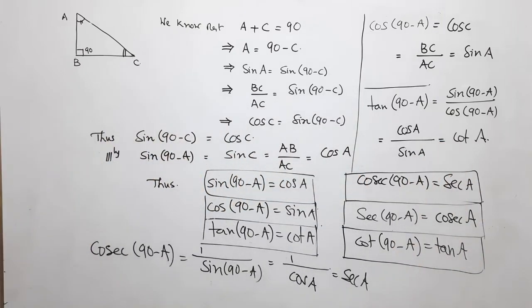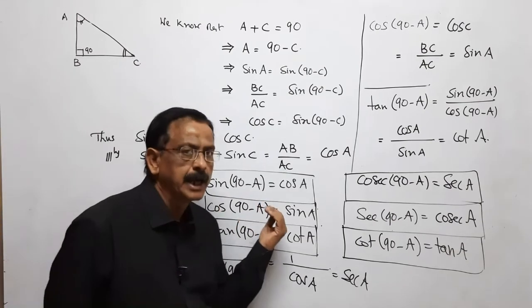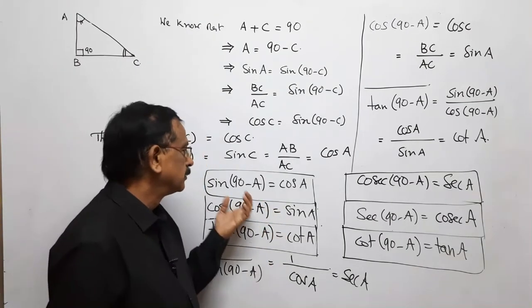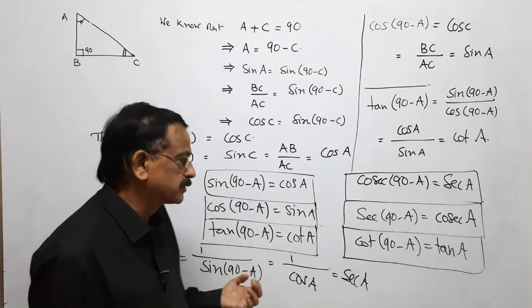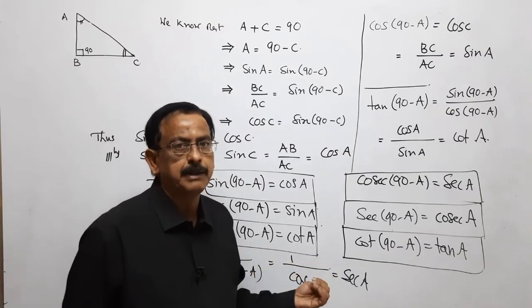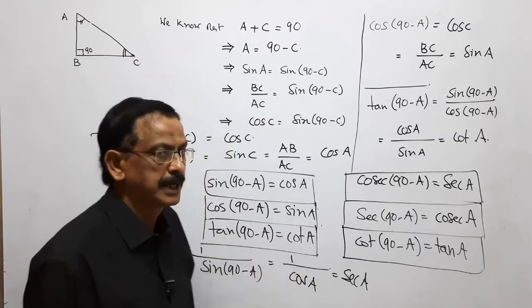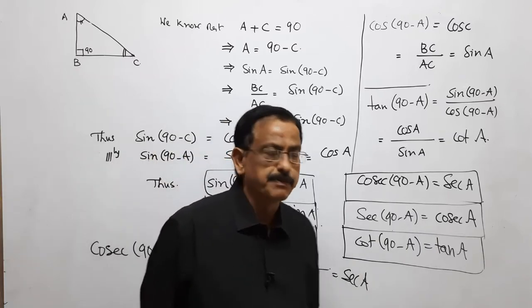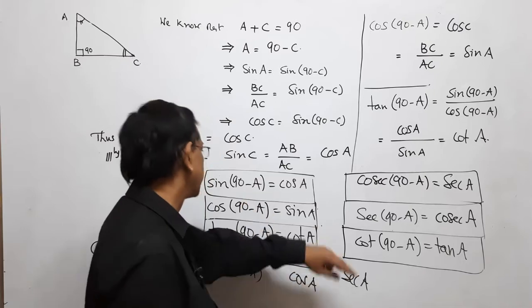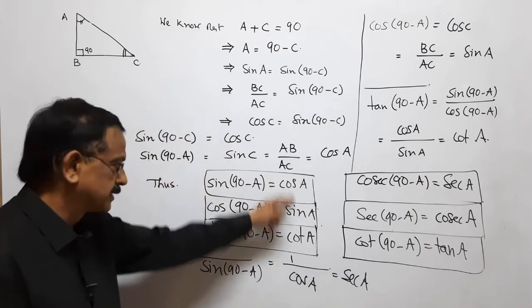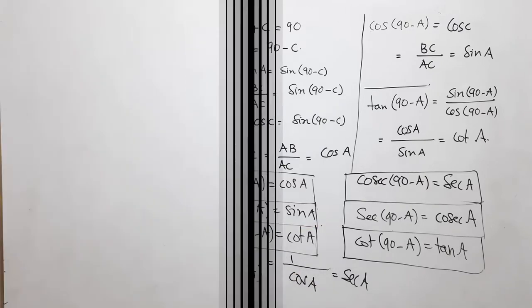This is what we have observed. So, given any angle A, all the trigonometric ratios of 90 minus A, that means sin of 90 minus A, cos of 90 minus A, tan of 90 minus A, and their reciprocals can be evaluated, and they are nothing but these respective values.